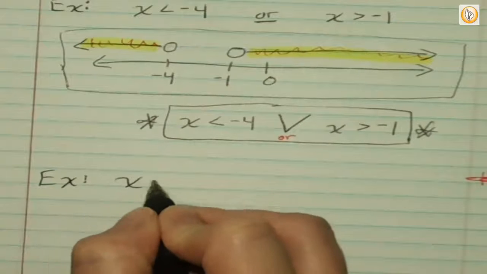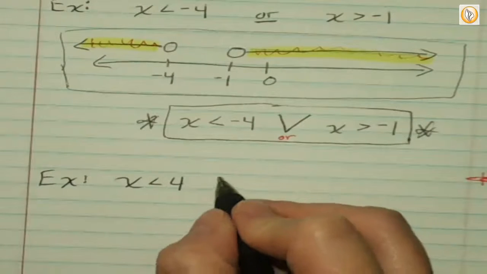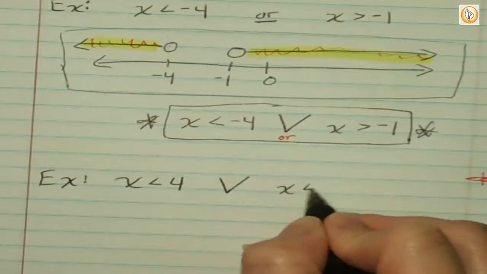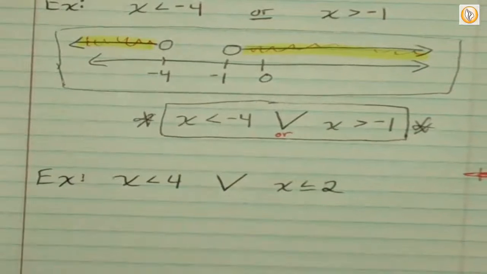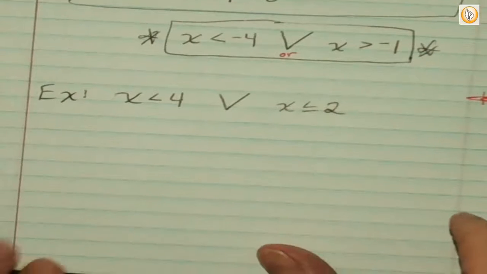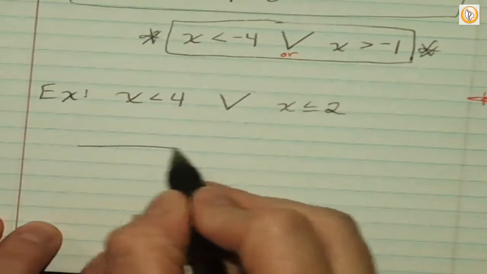What if I have x is less than 4, or x is less than or equal to 2? Now we're going to graph that.